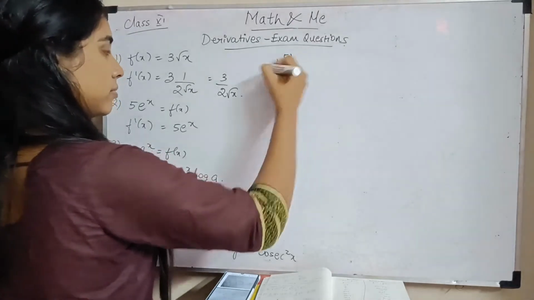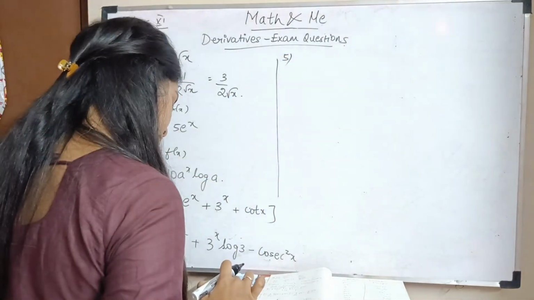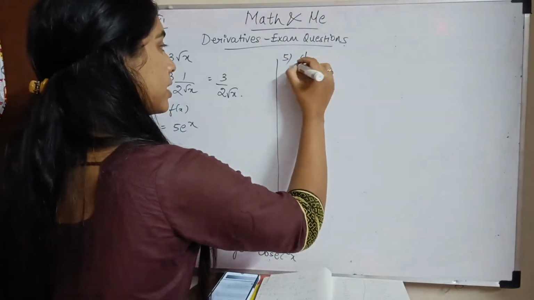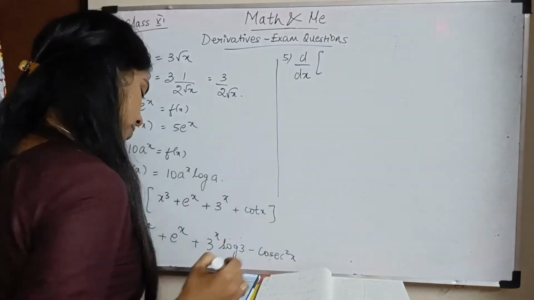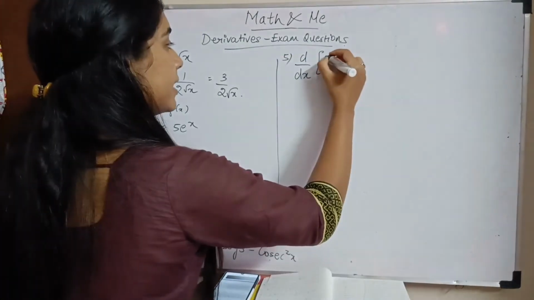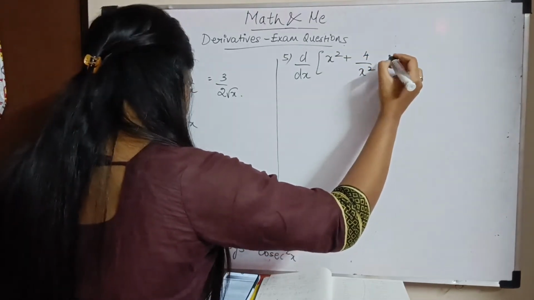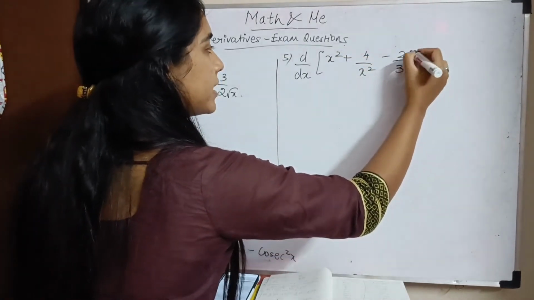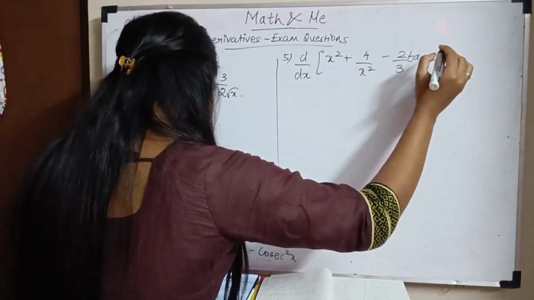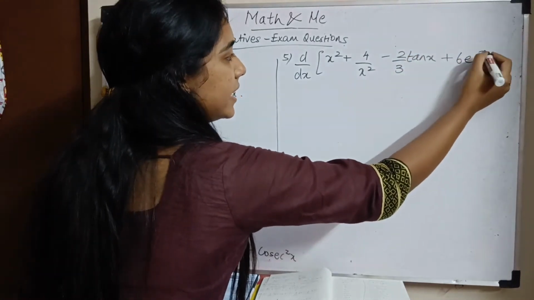Next question. D by dx of x square plus 4 by x square minus 2 by 3 tan x plus 6e.